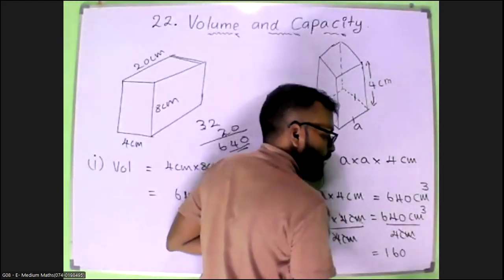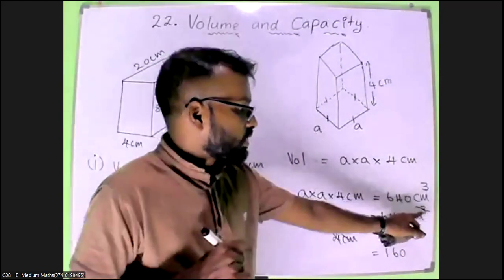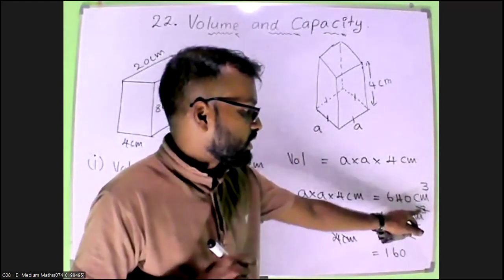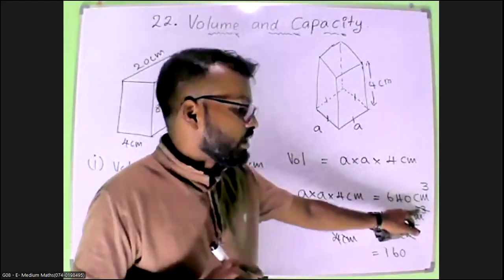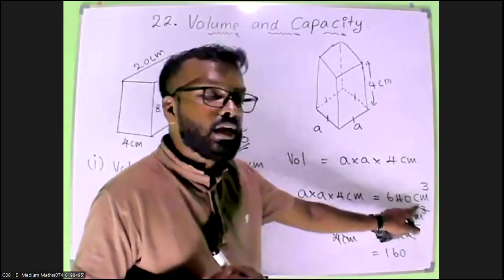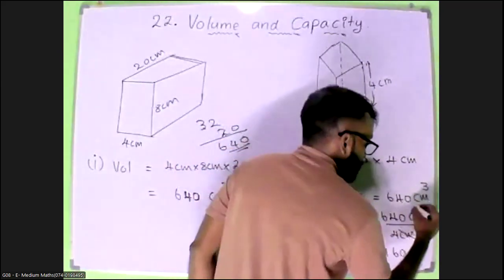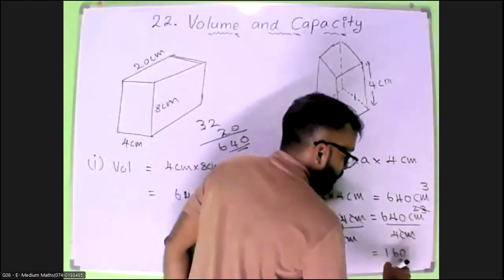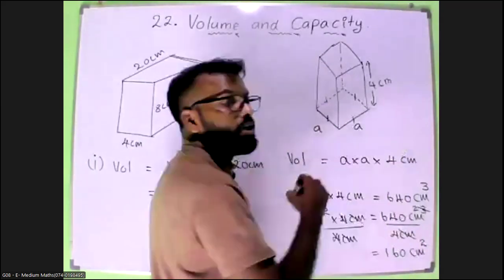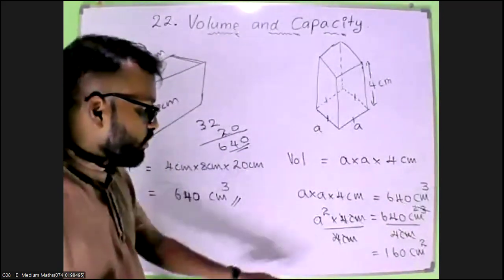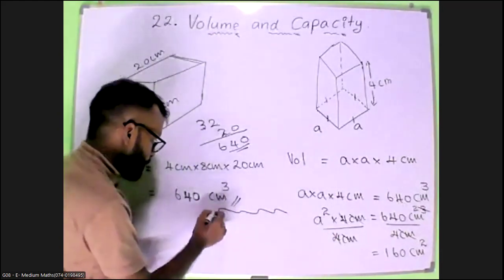You can cut 1 centimeter from here. If you reduce 1 centimeter unit, how much remains? 3 minus 1, square centimeter. Yes, square centimeter. So 160 square centimeter.